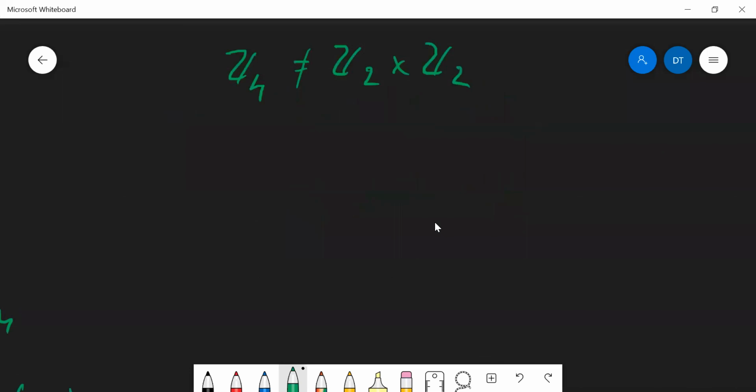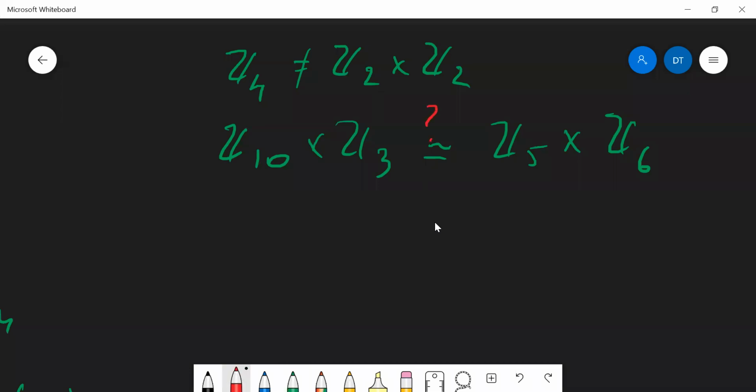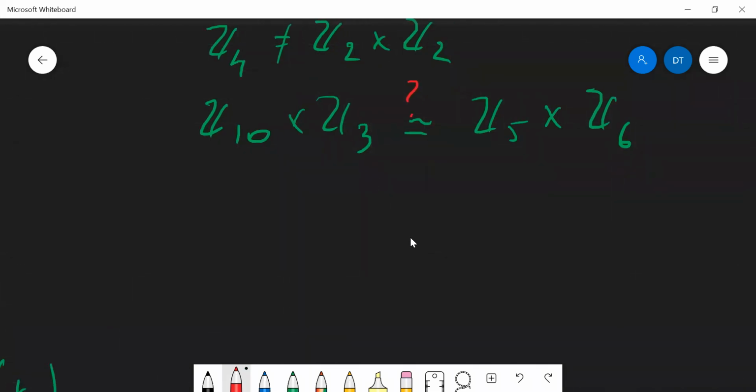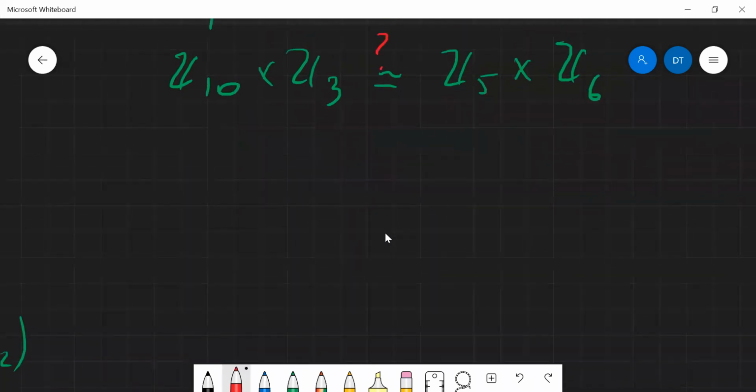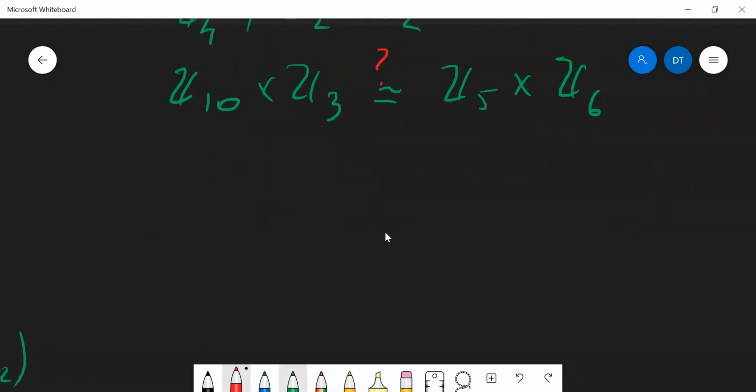For example, if I take something like Z10 times Z3 or Z5 times Z6, are they isomorphic or not? So, we need something to do in order to answer this question. In order to simplify our task, I want to formulate the claim which answers precisely this question: how to check if two products of cyclic groups are the same or not.